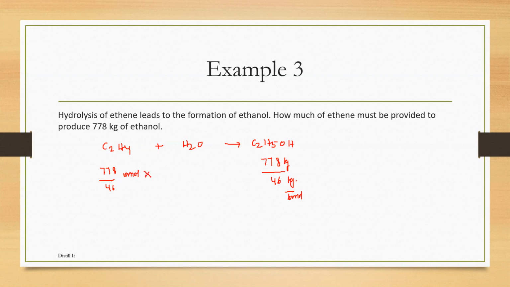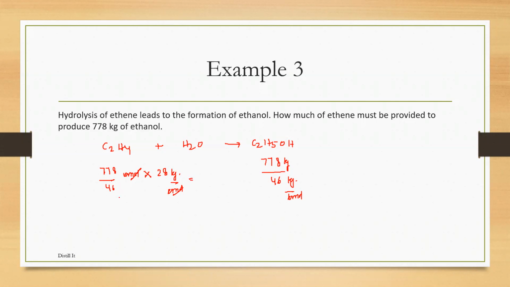Now, when we multiply this by the molecular weight of ethene, the molecular weight of ethene is nothing but 12 into 2 plus 4, that is 28 kg per kilomole. So that gives us the kg of ethene that must be provided.